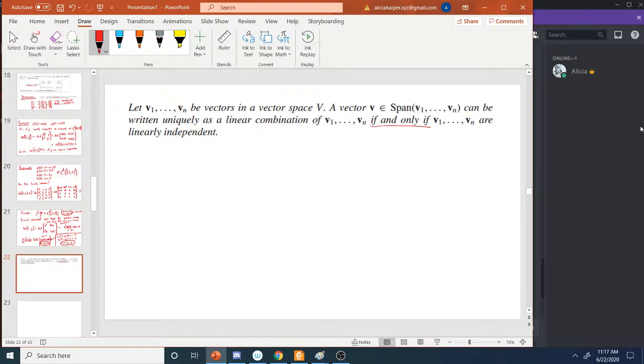To prove this, let's break it into two parts. We'll have the if direction and the only if direction.